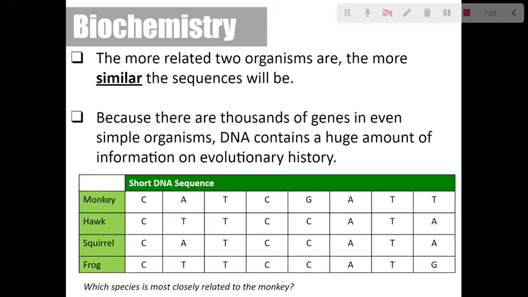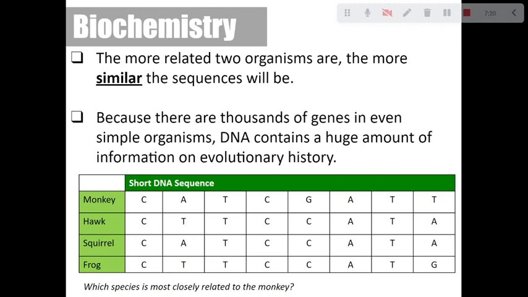Now, the more related two organisms are, the more similar the sequences will be. Because there are thousands of genes in even simple organisms, DNA contains a huge amount of information on evolutionary history.